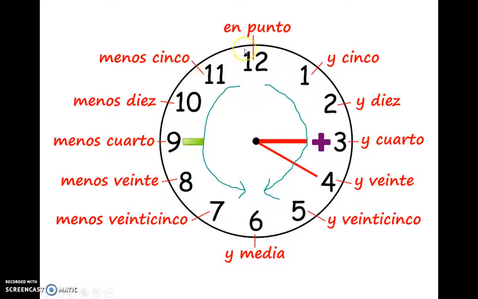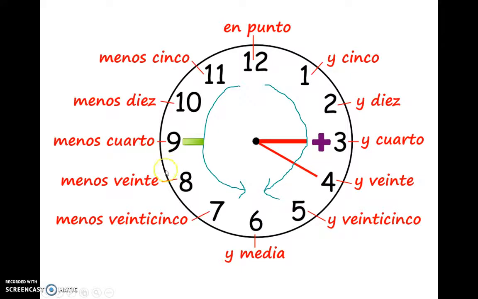Okay, so we have menos cinco. We would go up to the next hour and subtract 5. For example, 4:55, we say son las cinco menos cinco. It's 5 minus 5 minutes. Okay? Then menos 10, menos cuarto, menos 20, menos 25.